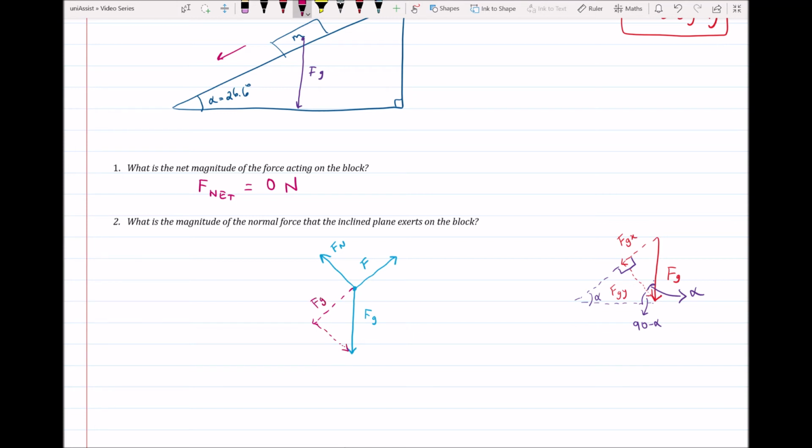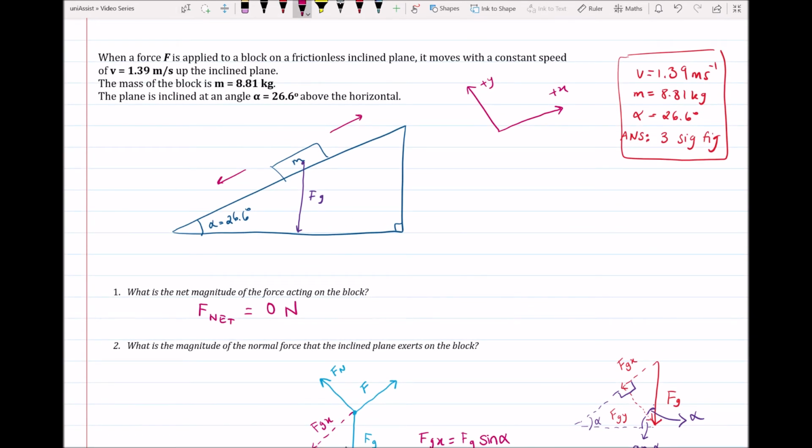So we've got our alpha here, and now we can say Fgx, from just using cosine and sine, is equal to Fg multiplied by sine alpha. But you've got to remember that as we defined our coordinate system up here, you always have to go back to your coordinate system.